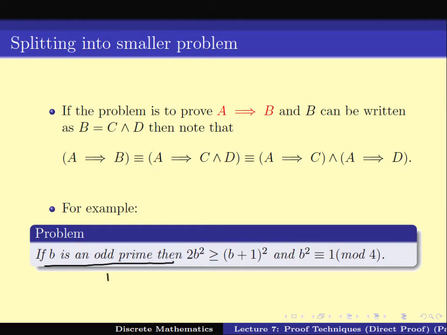This is, of course, A. And b square is congruent to 1 mod 4 and 2b square is greater than or equal to (b plus 1) whole square. You can clearly see that this is the C, this is the D, here is an and, and this whole thing together is the B. So in other words, A implies B can be split up as A implies C and A implies D.